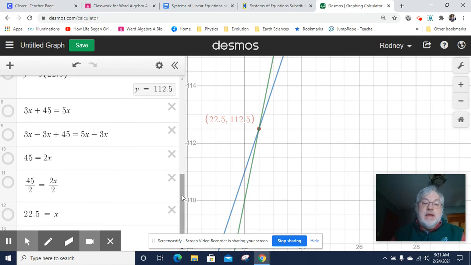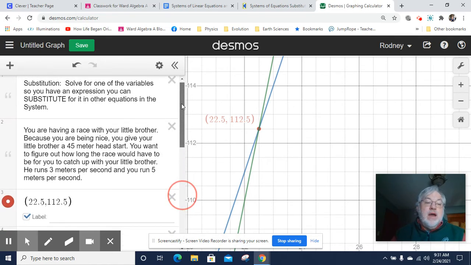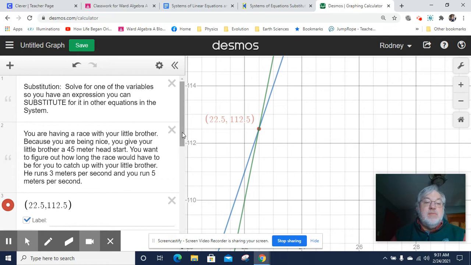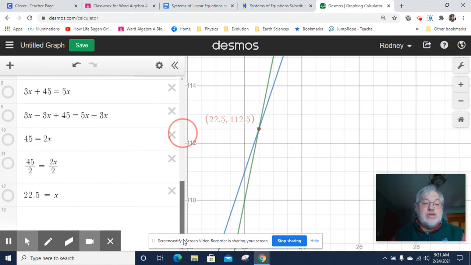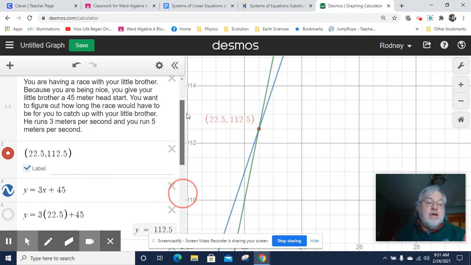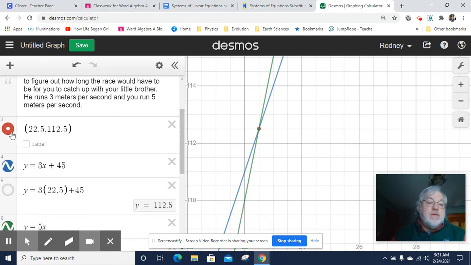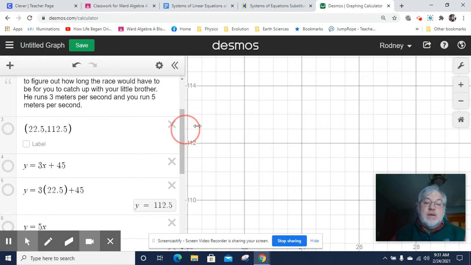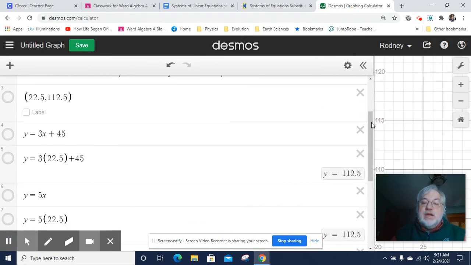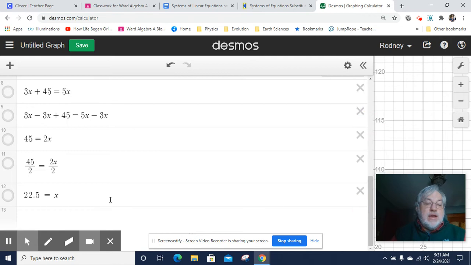All right, I'm going to take another example for solving a system of equations using substitution. Let me turn those graphs off so they're not distracting. Move this over here, and I'm just going to create a couple of equations.